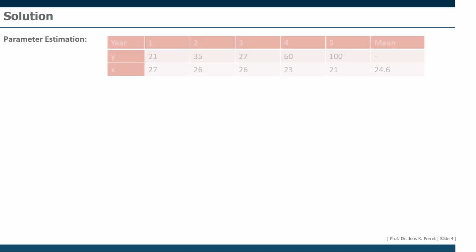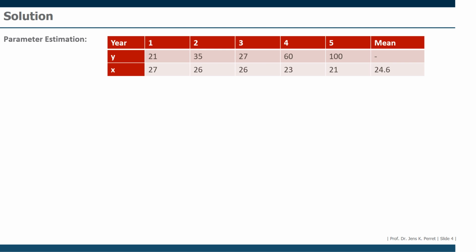I'm using the data from the exercise, and I add a new column on the right where I calculate means of the respective variables I'm going to need later on. For y, I'm not yet doing this because I won't need the mean of y, but I need the mean of x. So first I calculate the mean of x, and then I add additional rows.